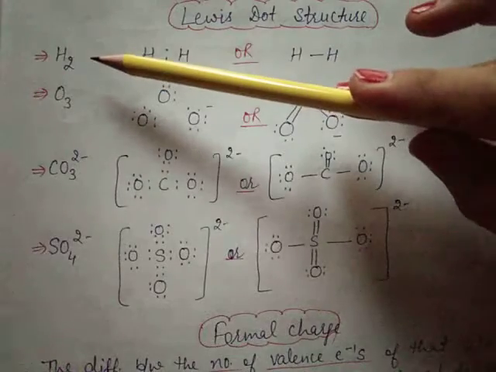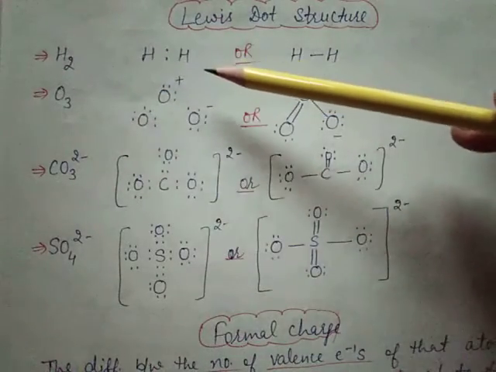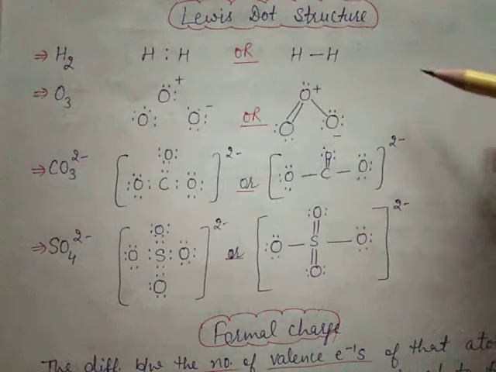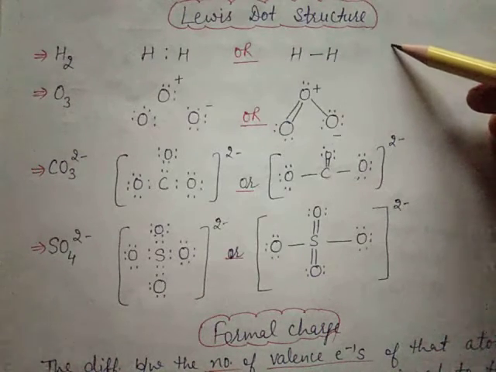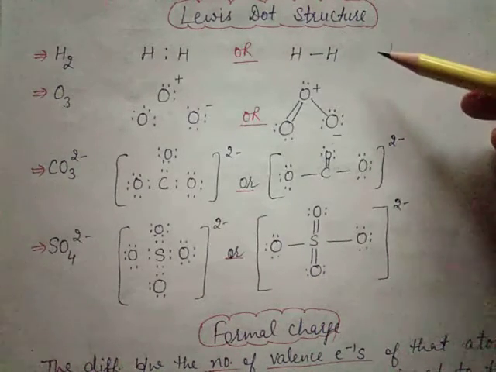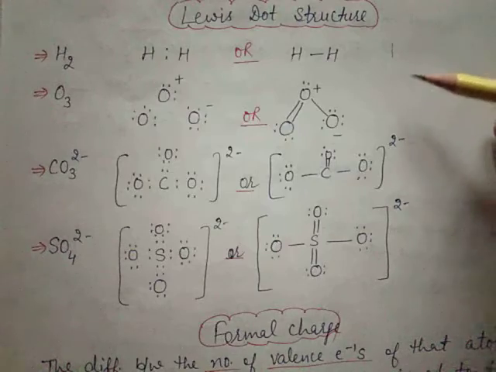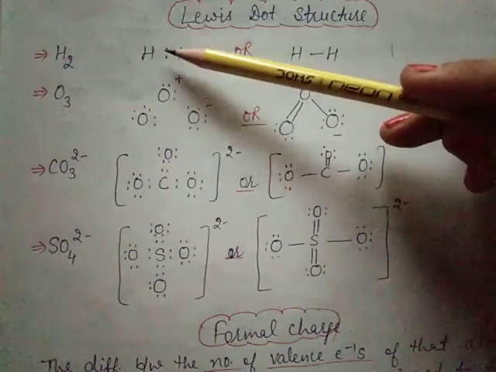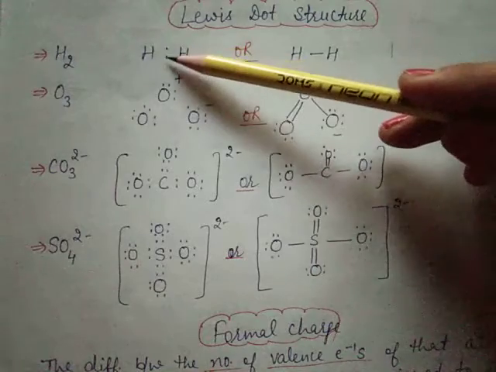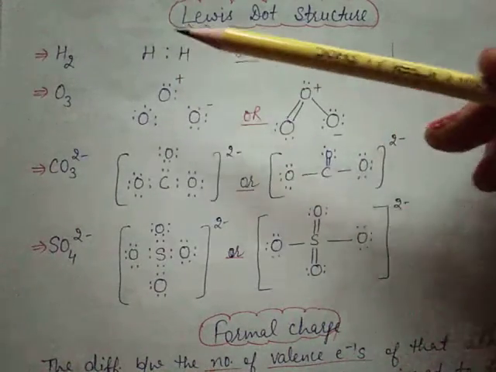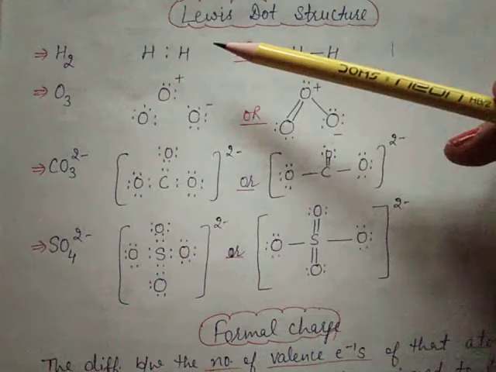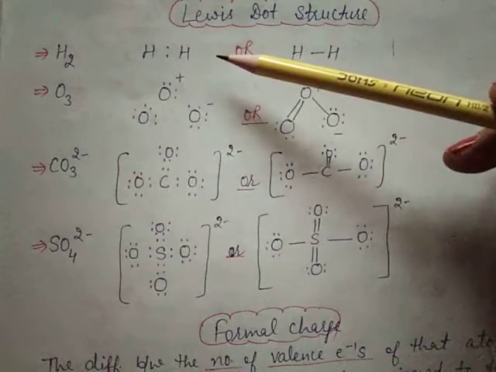Suppose this is the example of hydrogen, H2. Here, the total valence electrons in the case of hydrogen is equal to 1. But here 2 hydrogens are present, so it will be 2. Each hydrogen has 1 valence electron. In step number 2, put the electronegative atom at the center.